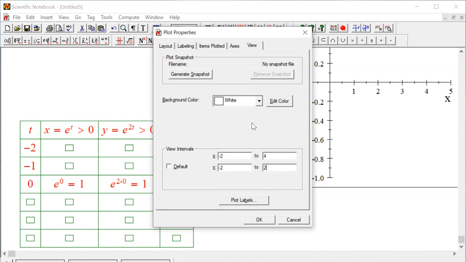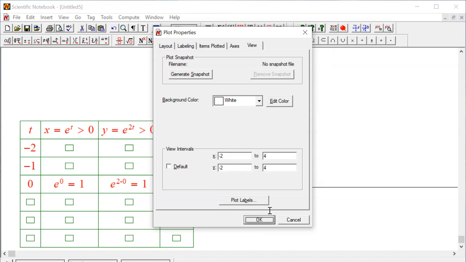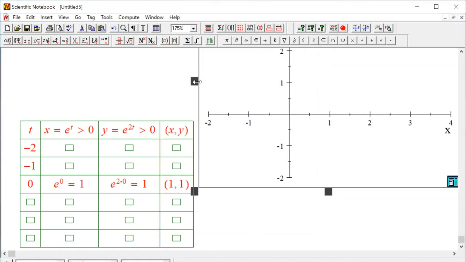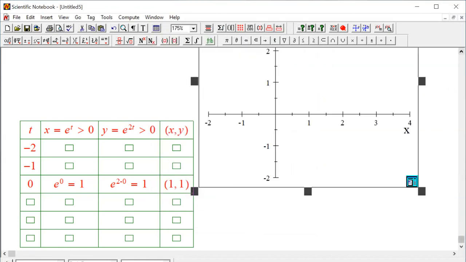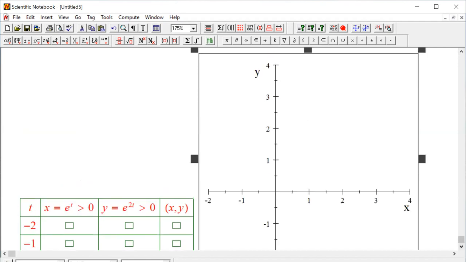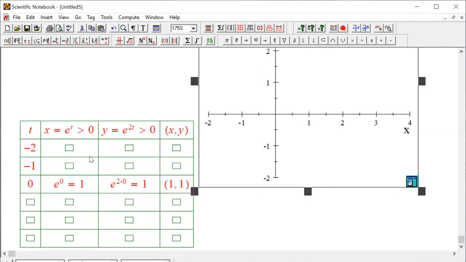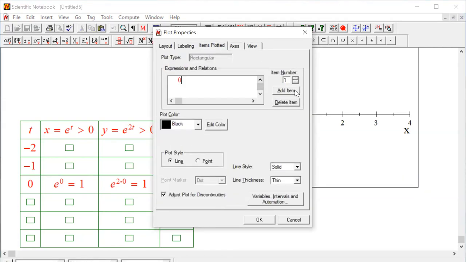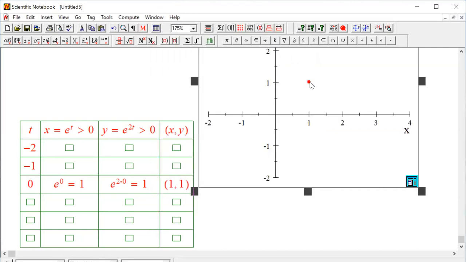For now, we just set it up like that. When we need more, we'll put them in. So the first point we get at moment 0 is 1, 1. That's the red dot.